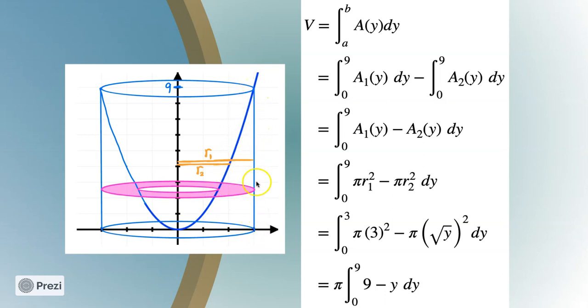When we rotate this vertical line to create the cylinder, and when we rotate this parabola to create the hole. So it's probably better to not think top minus bottom, not even to think right minus left, but to think further minus closer. What is the furthest part to the axis of rotation? Here the y-axis. The furthest part is x equals 3. And the closest part is the parabola.